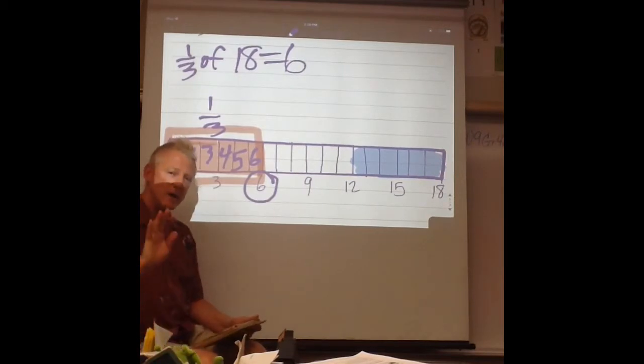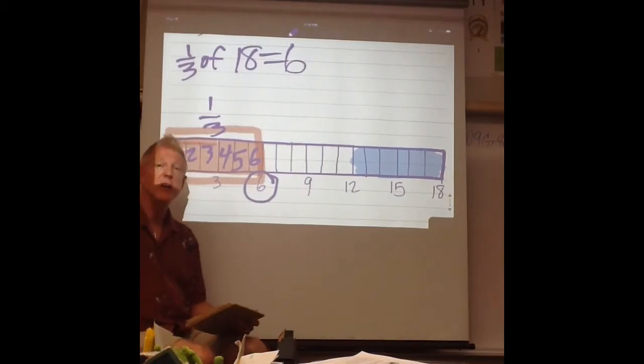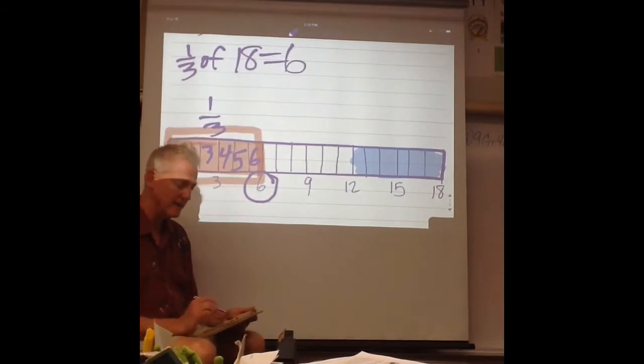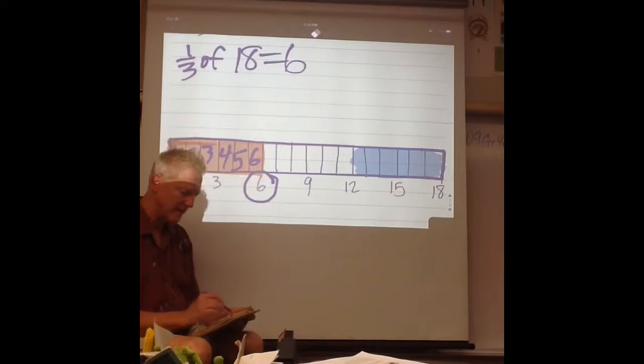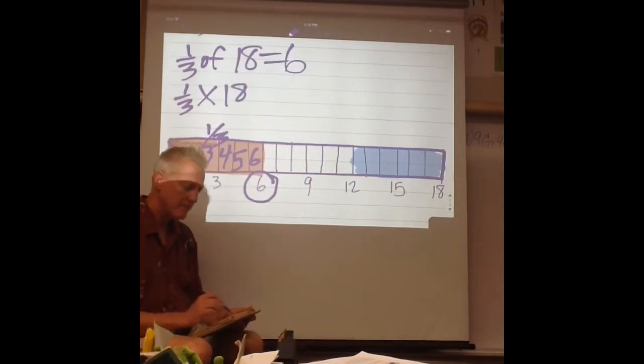Now, I'll show you how to check your work with multiplication, okay? Let me just erase this out of here, and I'll write up here 1/3, okay? 1/3 of 18 is the same as 1/3 times 18. Most people get that a little confused. 1/3 of 18 is like 1/3 times 18.